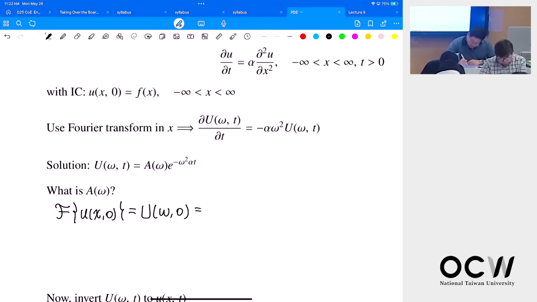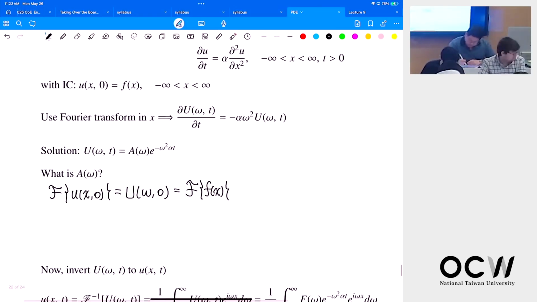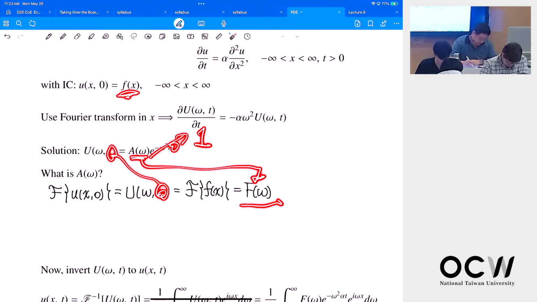So that is just the Fourier transform of your f of x, right-hand side. So left-hand side equals right-hand side. So when t equals 0, this is 1. So A of omega will be equal to F of omega, the Fourier transform of your function. Okay.